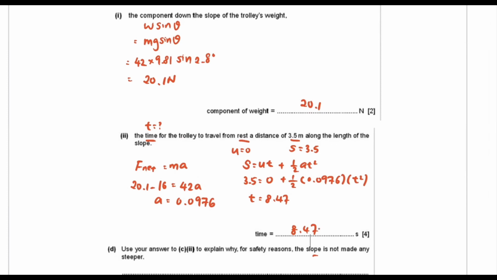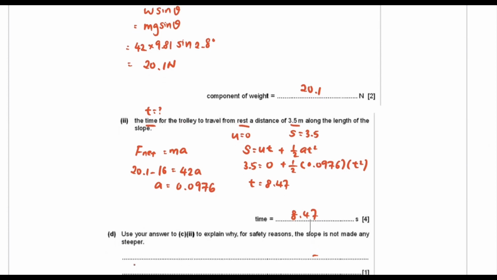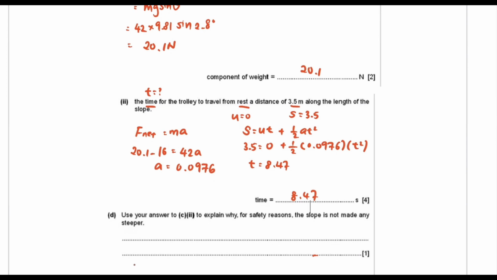So imagine if the slope is steeper. If it's steeper, of course, we move faster. So if we move faster, then it takes a shorter time to move 3.5 meter. So dangerous, yeah, dangerous.